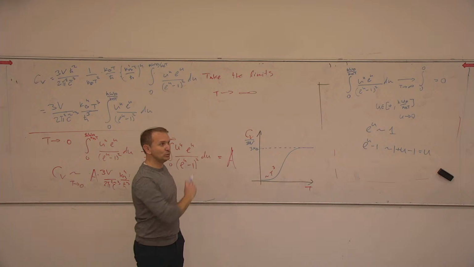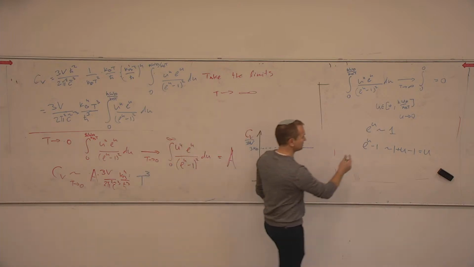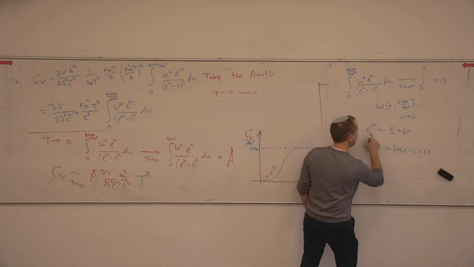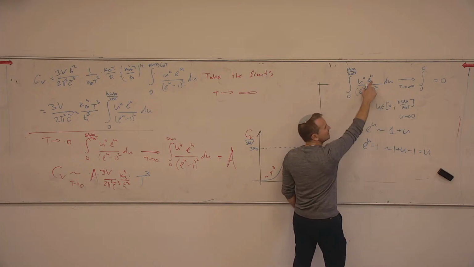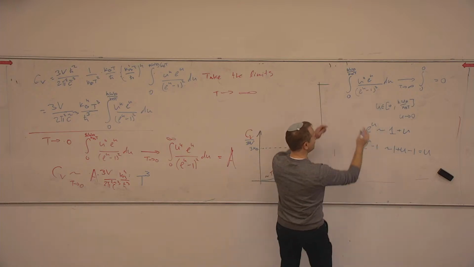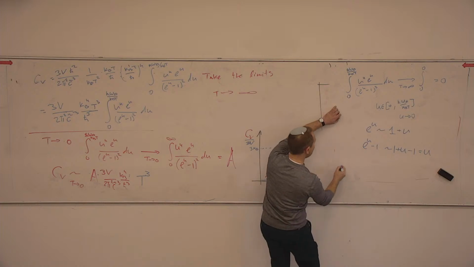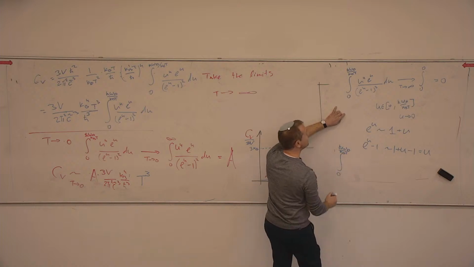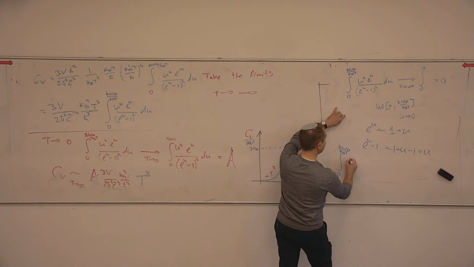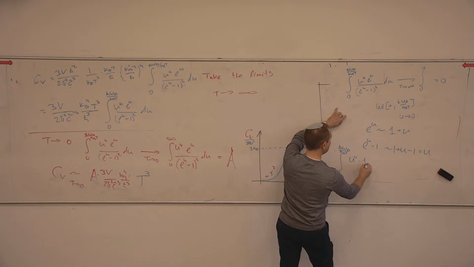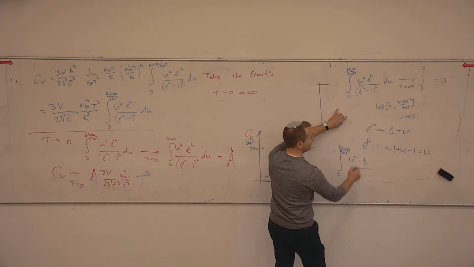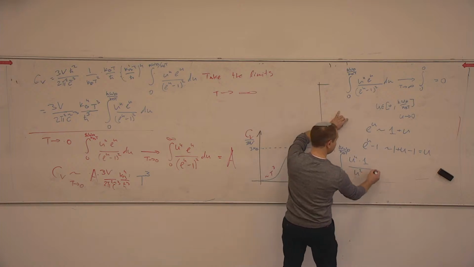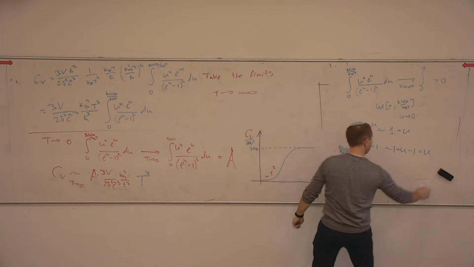Okay? I'm going to use those approximations because, well, I could use here e to the u is 1 plus u, but I don't really need this. So when we substitute everything inside, what we have is this integral from 0 to h bar omega d pi divided by k Boltzmann T, and here I have u to the 4 multiplied by 1 divided by u to the second power, du.